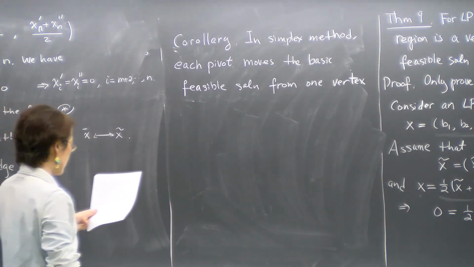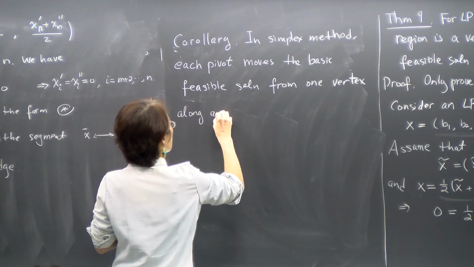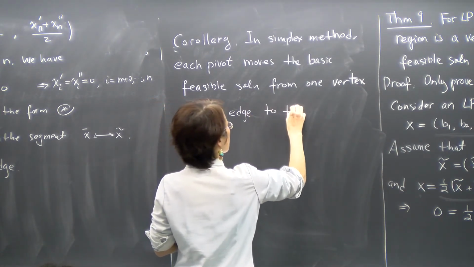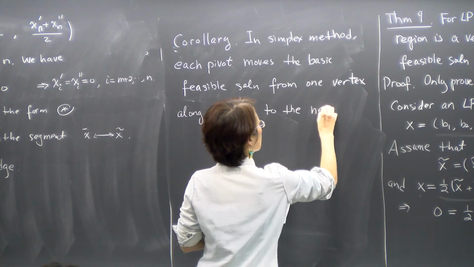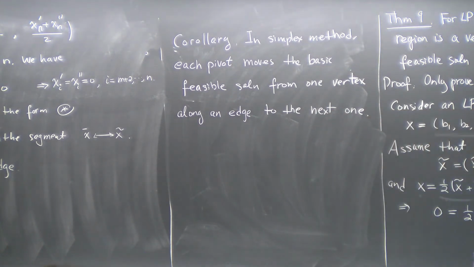And it's not really randomly moving, it's actually going along an edge to the next one. So that's what one pivot step will do: move from one vertex to a neighboring one that is connected through an edge. Is that okay? Any questions? We're okay?